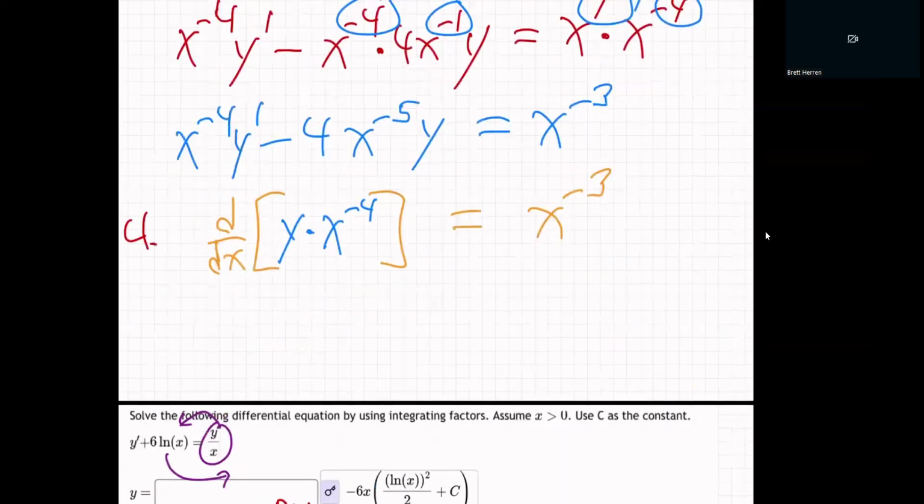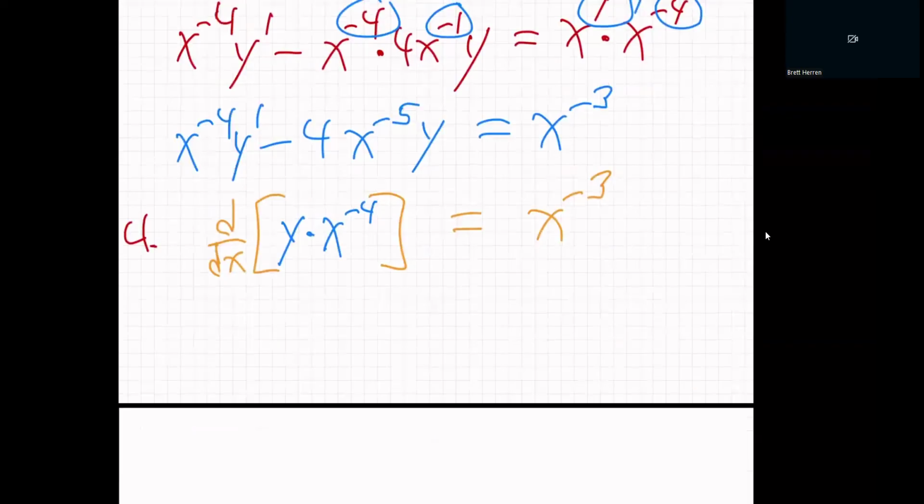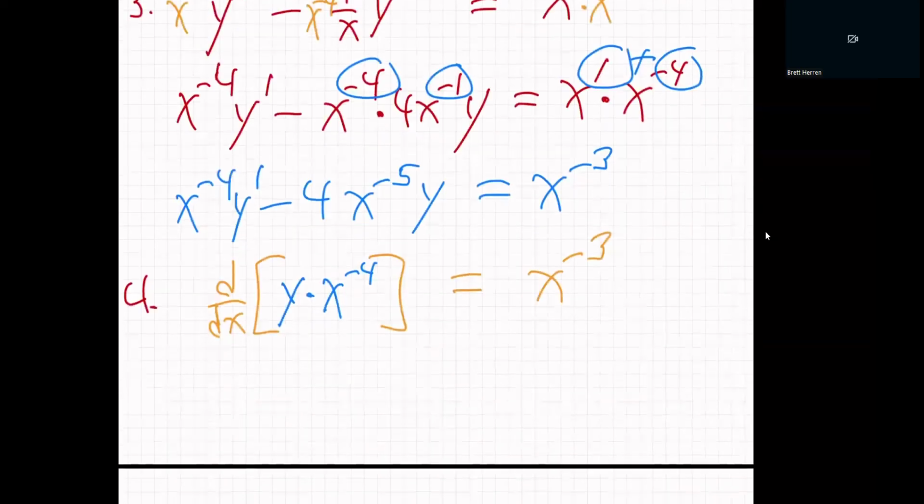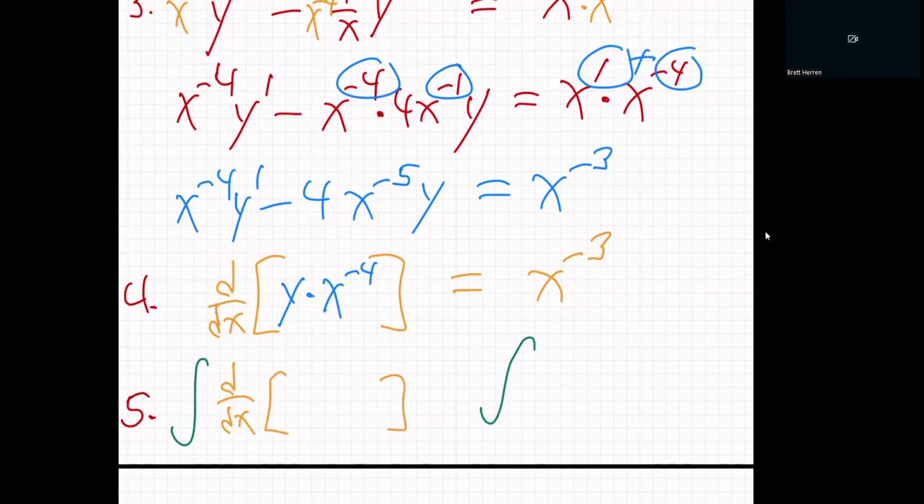So now, step 5, we're actually going to integrate. The integral of d/dx of y x to the minus 4 equals the integral of x to the minus 3 dx.